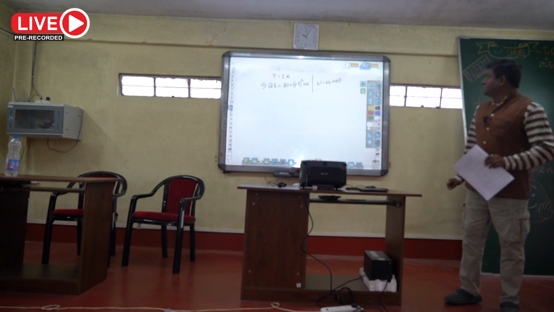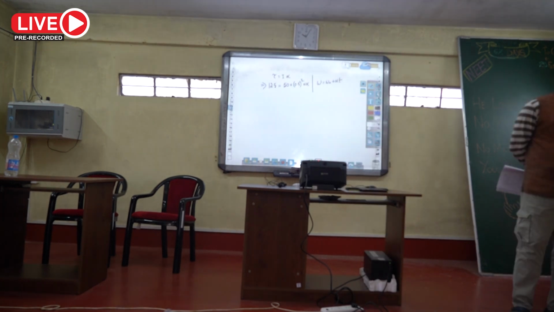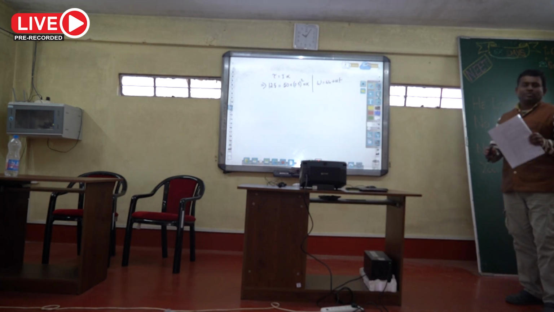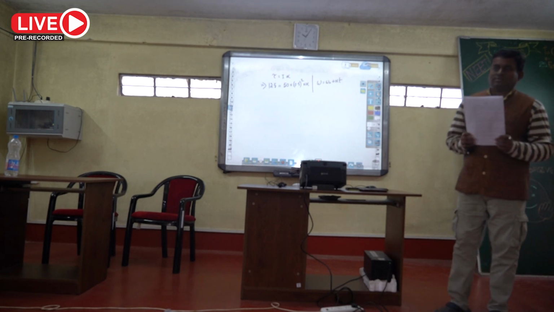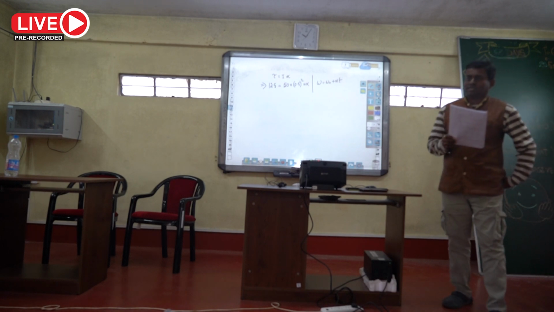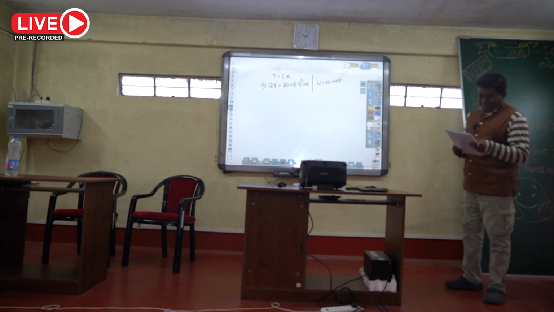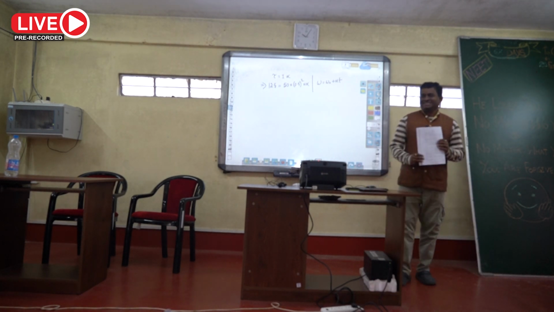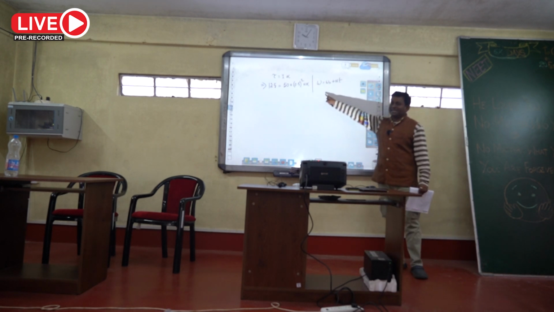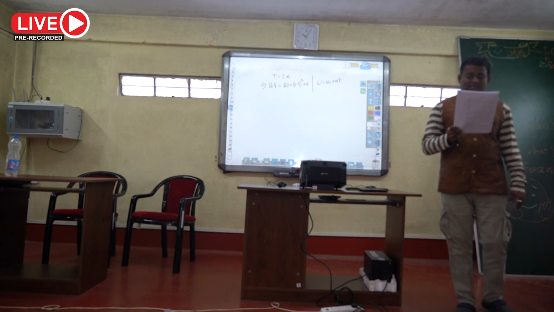So calculate alpha from this. What is coming from this calculation? Omega equal to 5 radian per second. You have to calculate this omega after putting the value of alpha here. It will be 5 radian per second.